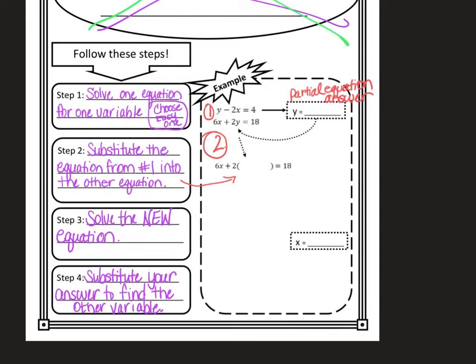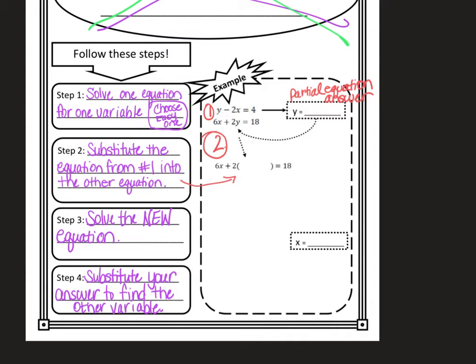Now, let's go back and move over to step 2. When we solve for this, we're then going to substitute this partial answer, substitute the equation from number 1, which is this here, into the other equation, which is right here. You can see they pulled down 6x plus 2y equals 18. They brought it down. We solve for partial y, so y goes here.